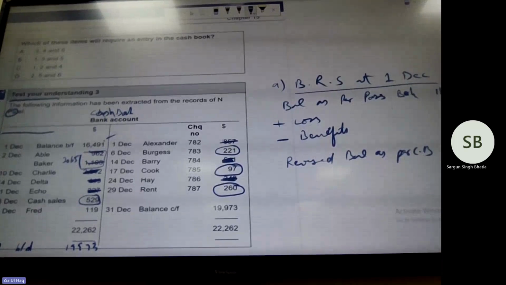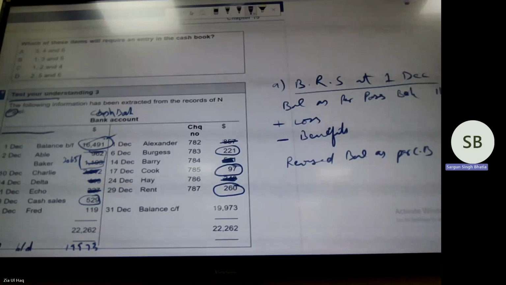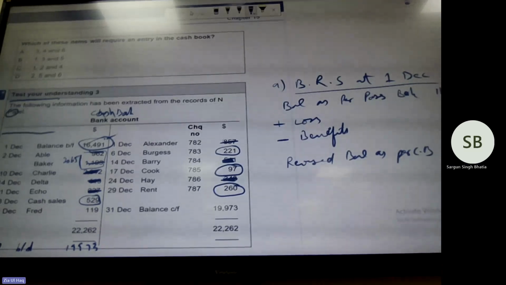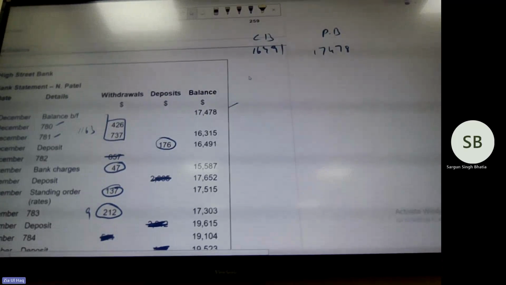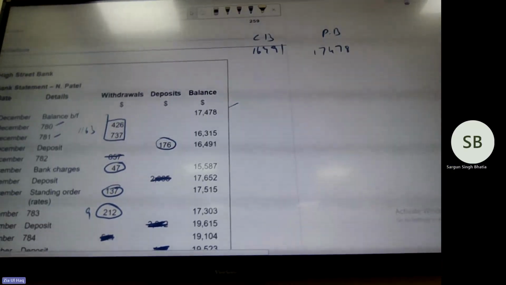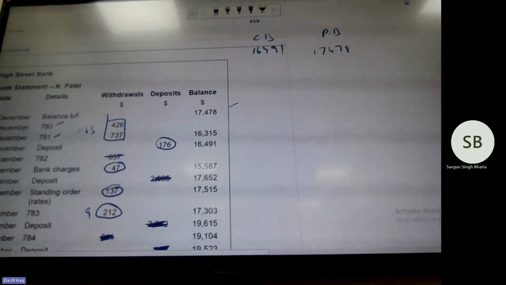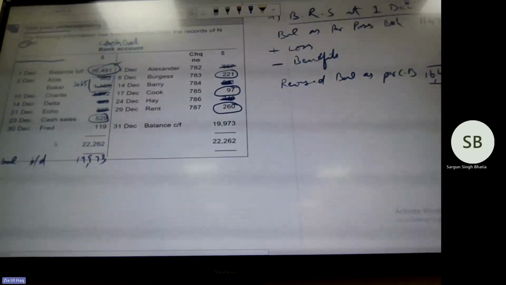This is the balance the cash book is showing. So balance as per cash book is 16,491, while balance as per passbook is 17,478. And these items relate to 2nd December.